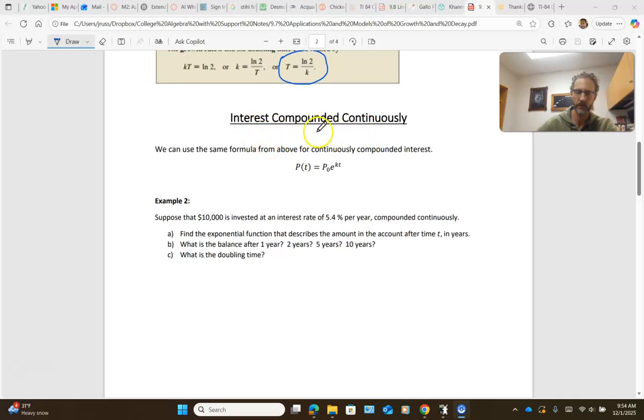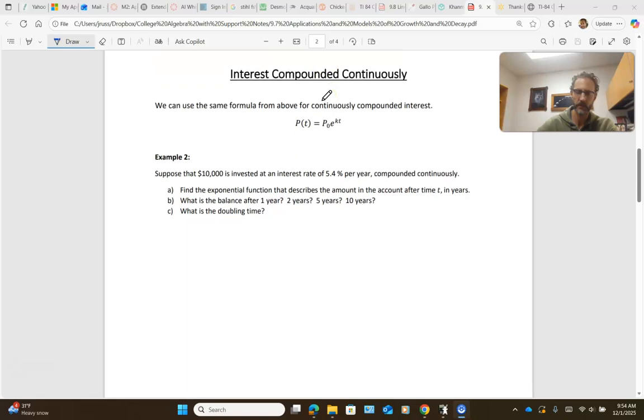All right, so if you recall, I was talking earlier about how in reality interest is not compounded continuously. It's compounded at specific points in time.